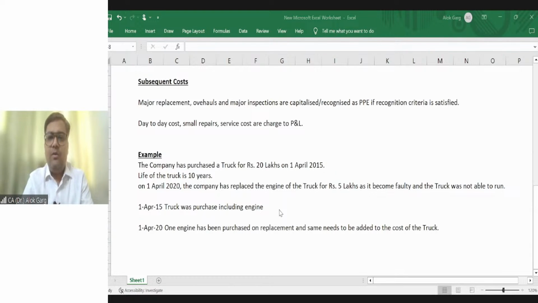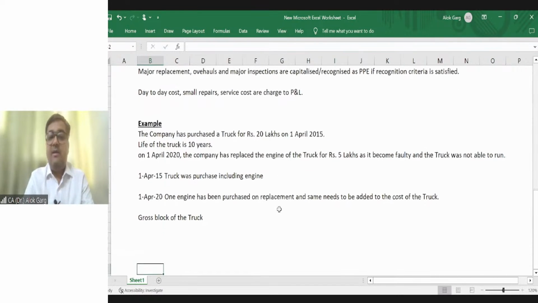Now, should I say the gross block of the truck is equal to 20 lakh plus 5 lakh?